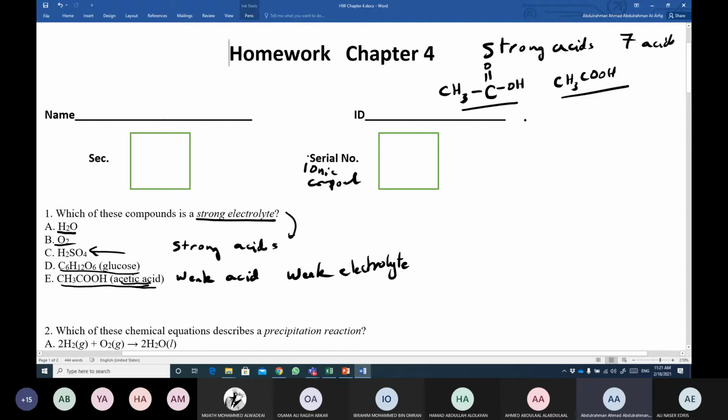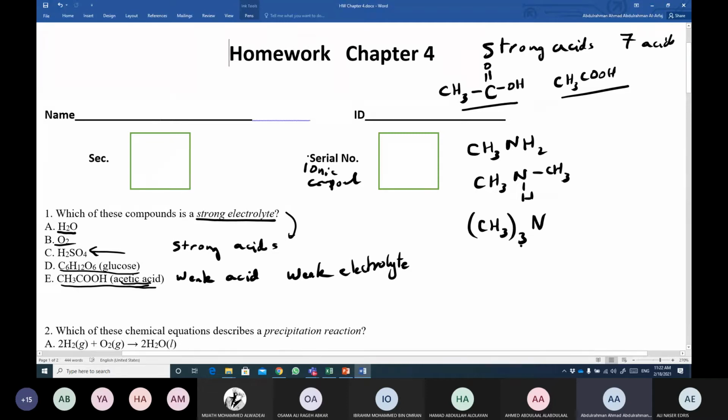What are the weak bases, weak organic bases? The molecular bases contain nitrogen, for example CH3NH2 or CH3NHCH3 or (CH3)3N.